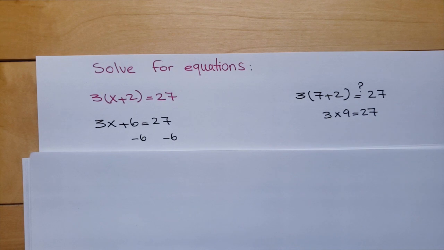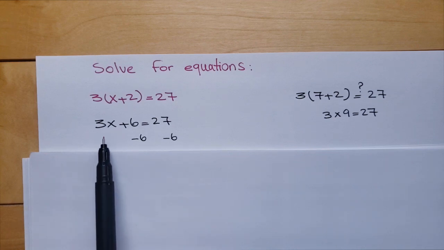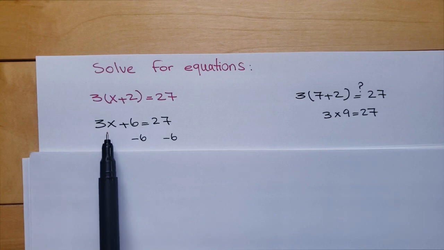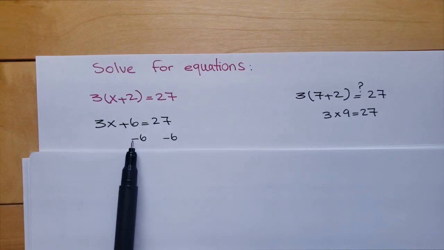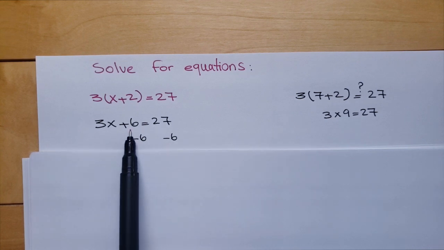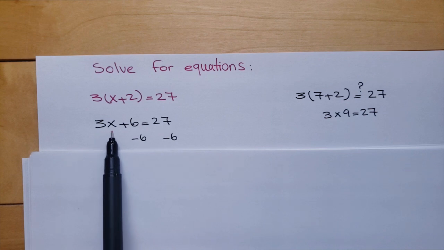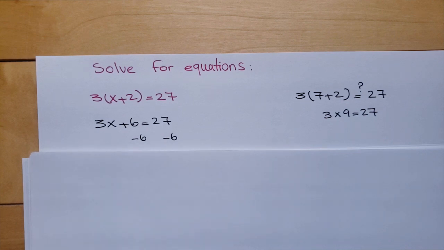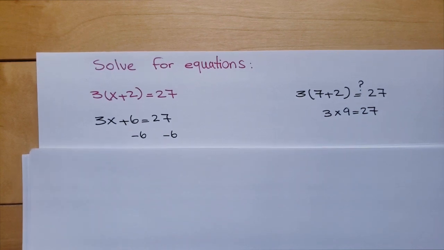The x should be on its own, and the rest of the constants should be moved to the other side. So here, in order to isolate the x, I will add negative 6 to both sides to get rid of this 6 and have the 3x on its own. So that would be 3x equals 21.